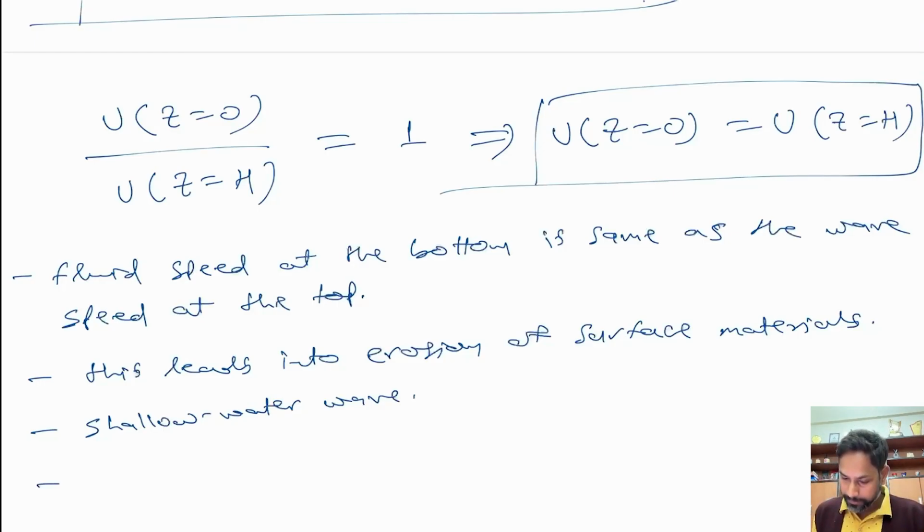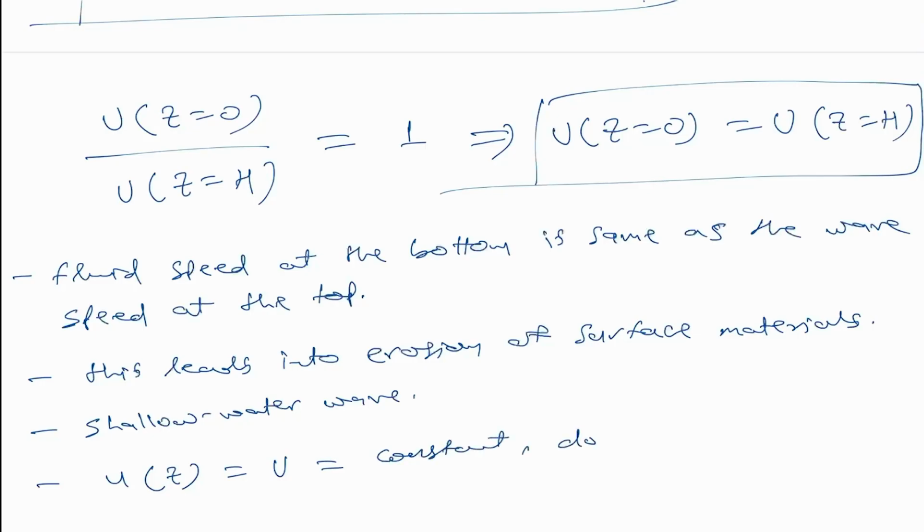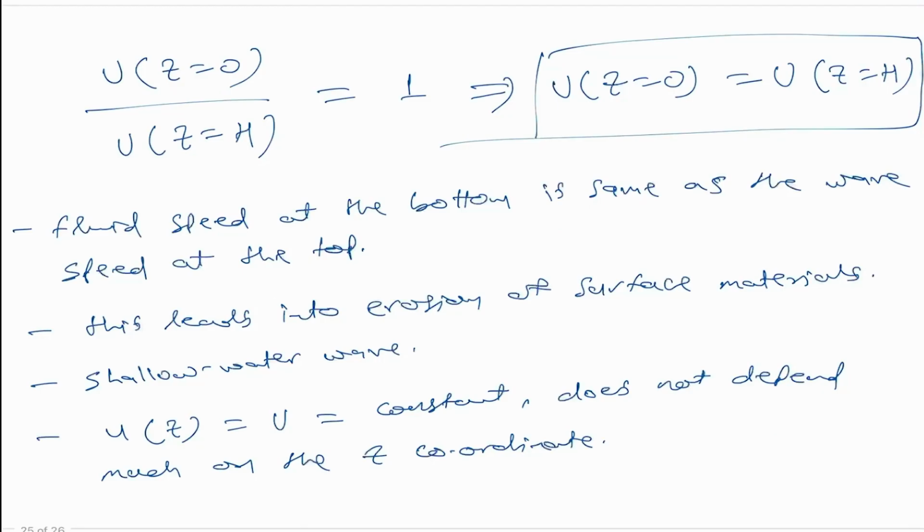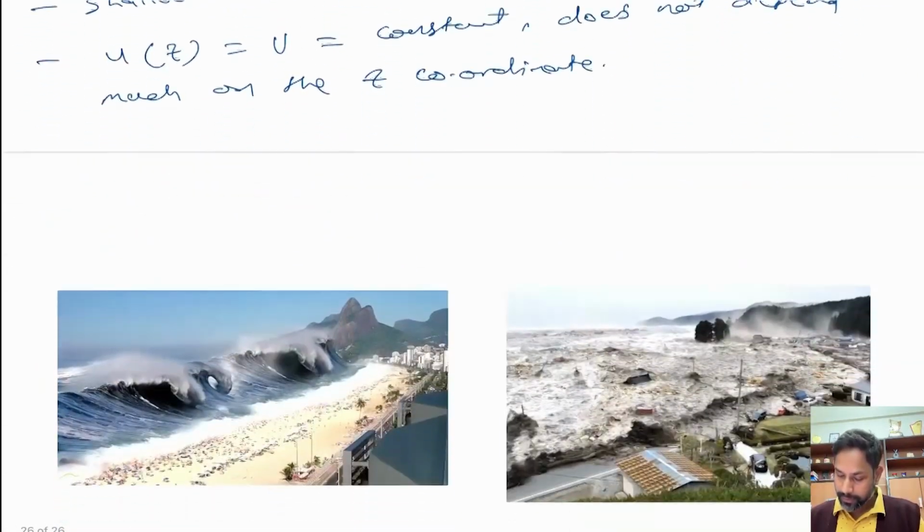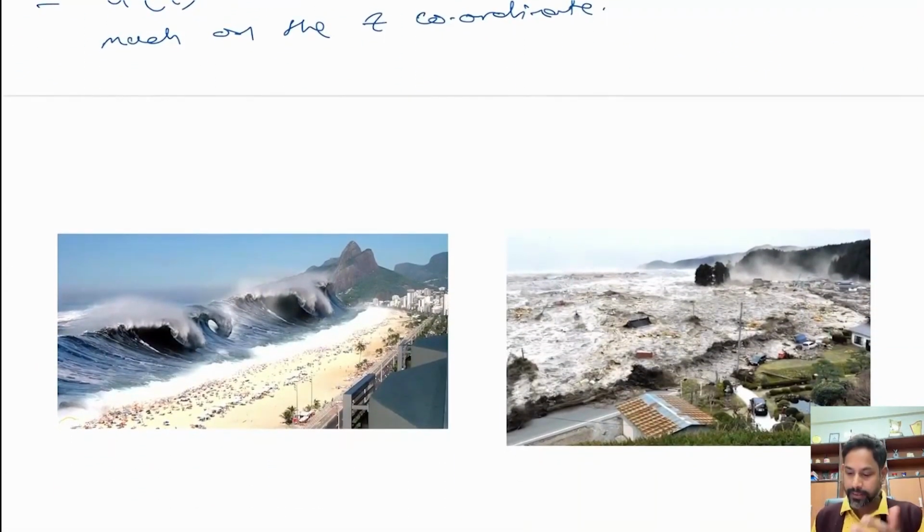So basically u of z is simply equal to u, that is constant and does not depend much on the z coordinate.